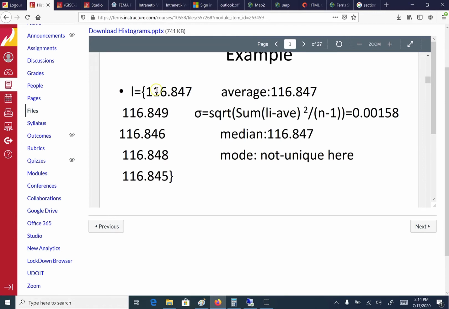And let's say we have 5 measurements. We can calculate the average of these. We can calculate the standard deviation. Since this is less than 30, we use n-1 in the square root of the sum of each measurement minus the average, squared, divided by n-1.